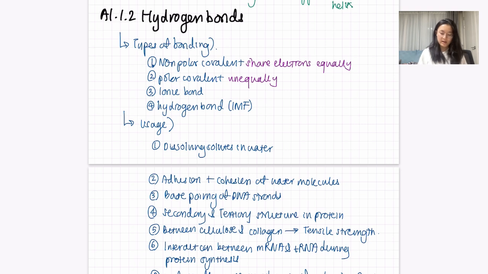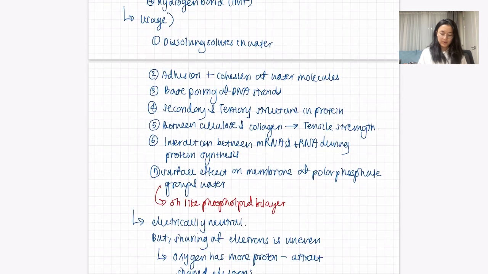Hydrogen, on the other hand, only has 1 proton, so less pull. So we get an induced positive charge for the hydrogen and a negative charge for oxygen. And therefore, because hydrogen bonds form and reform consistently, and because water molecules are polar, we get these hydrogen bonds between water molecules.